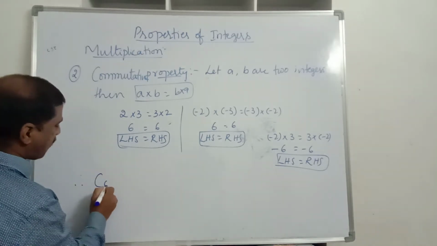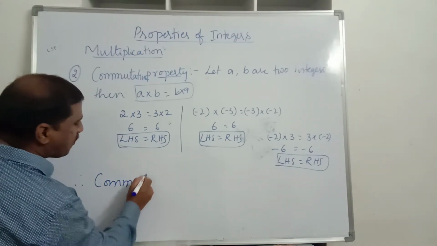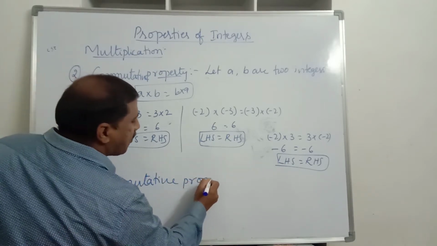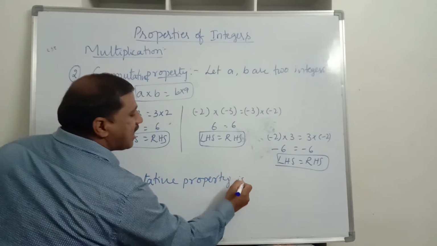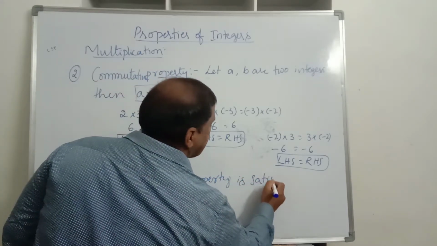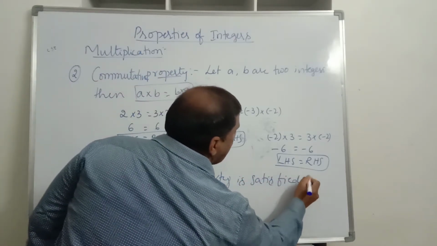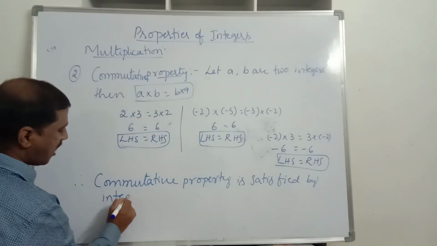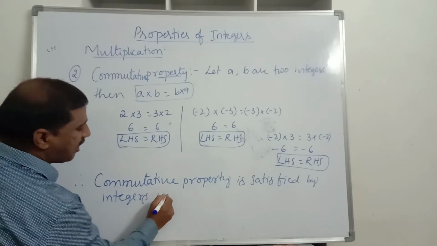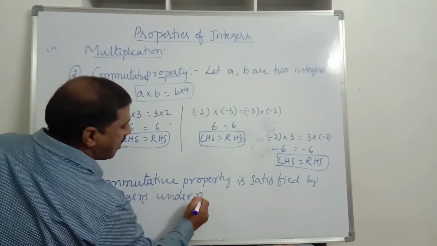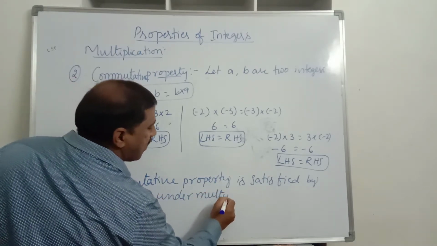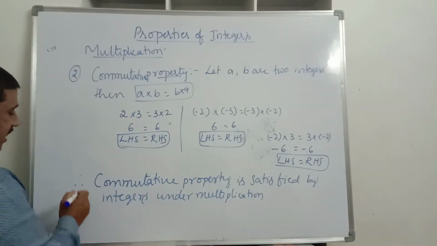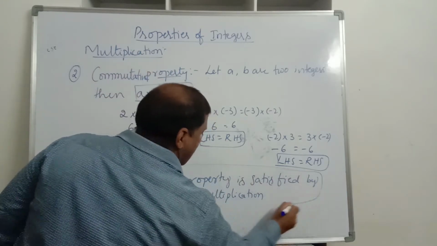Therefore, commutative property is satisfied by integers under multiplication. This commutative property is satisfied by integers under multiplication.